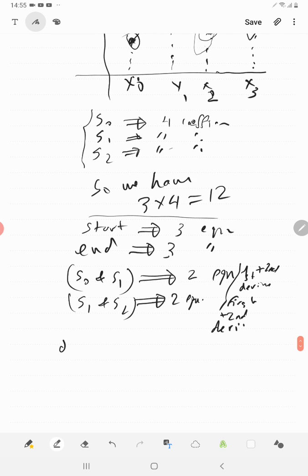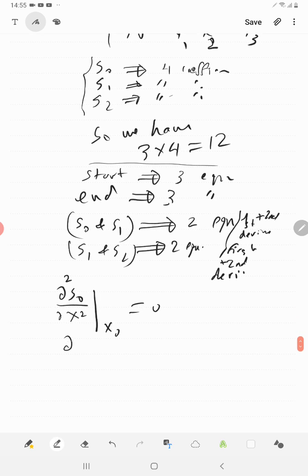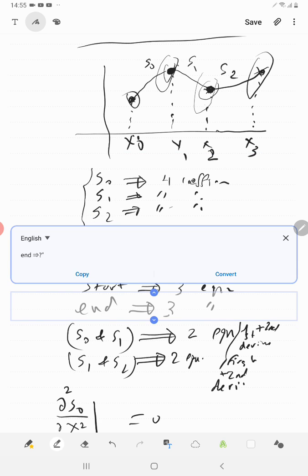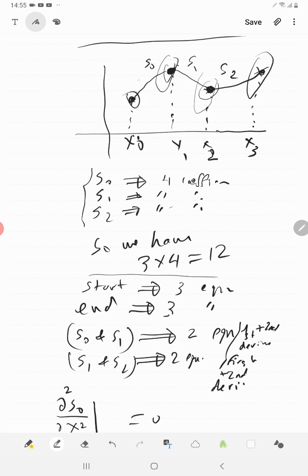We take the second derivative of S0 with respect to dx squared evaluated at x naught equals 0, and the second derivative of S2 evaluated at the final point x3 also equals 0.